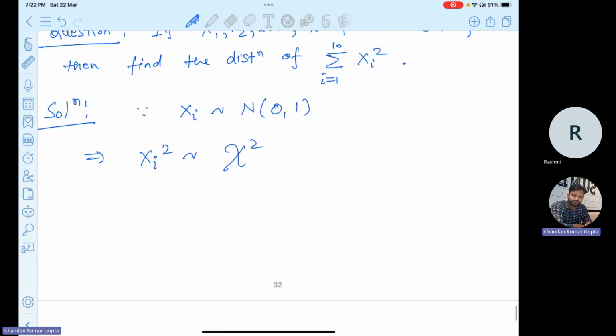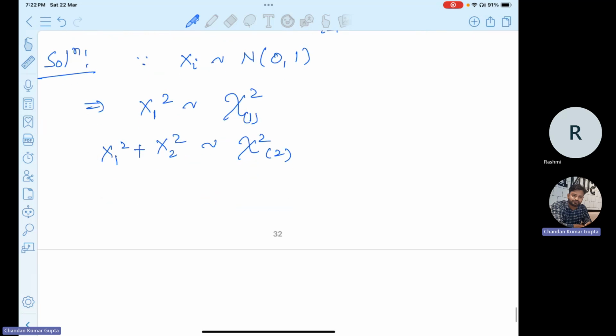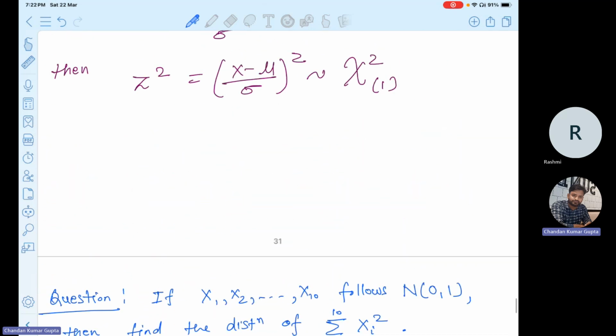If x1 square plus x2 square is there, it follows chi square with 2 degrees of freedom. So this implies summation over i from 1 to 10 xi square follows chi square distribution with 10 degrees of freedom, just simply with the help of remark number 3.